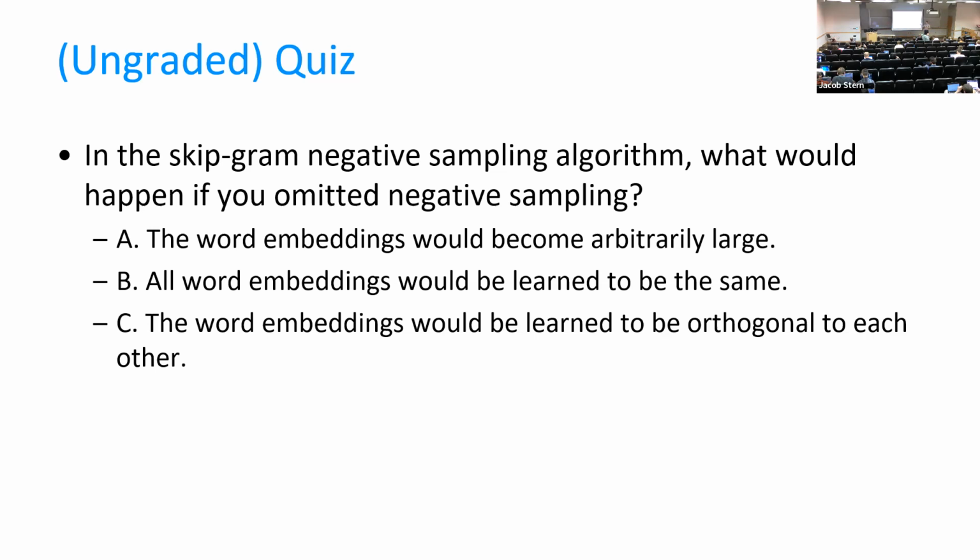Does anyone feel like they have a good answer for why all the word embeddings would be learned to be the same? Yeah, Grant. Exactly. If we remember, our skip-gram negative sampling algorithm had two objectives. One, maximize the similarity between our word embedding and the context.